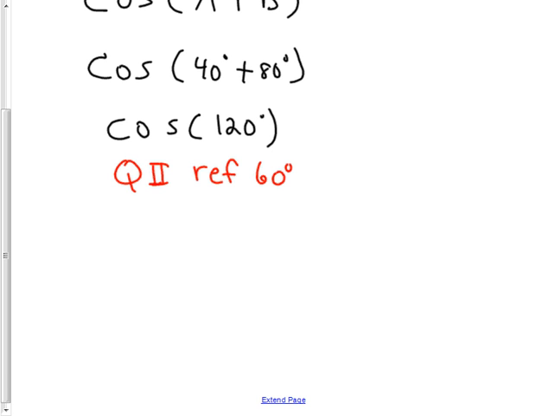We know cosine is negative in the second quadrant, and if you use your triangle or use values you have memorized, whatever, cosine of 60 degrees is a half. So we're in the second quadrant, so cosine of 120 is going to be negative 1/2 for our final answer there. So those are just a couple of examples that hopefully will help guide you through how to use the sum and difference formulas for sine and cosine respectively.